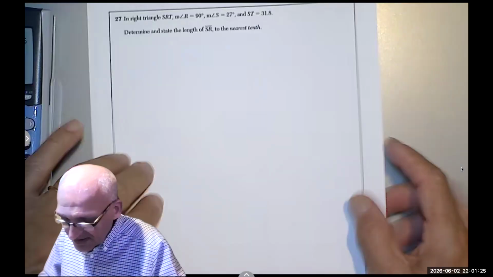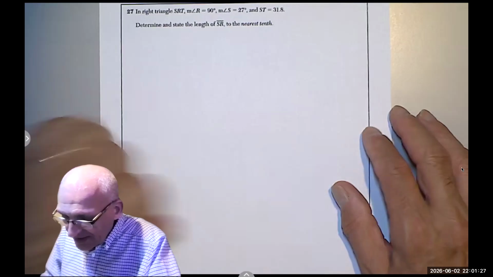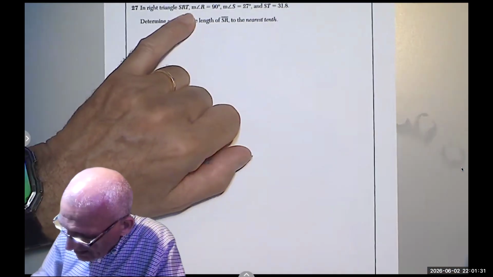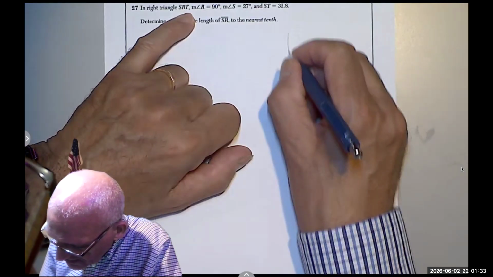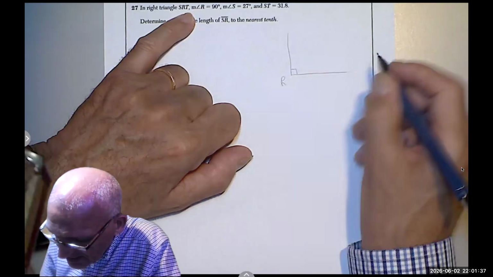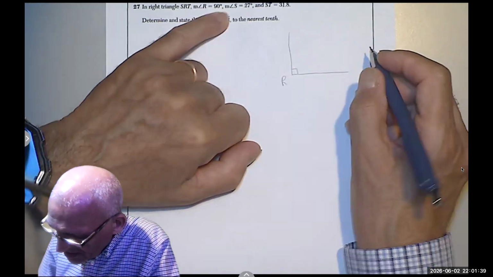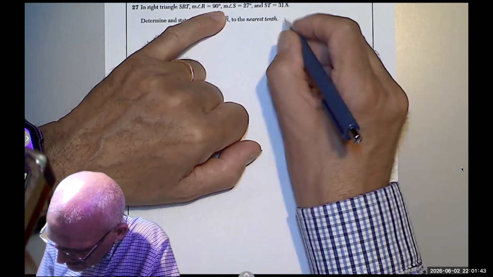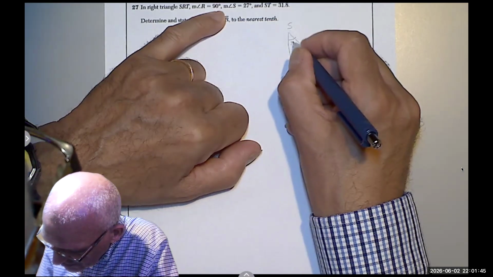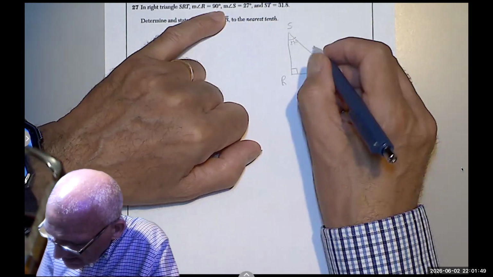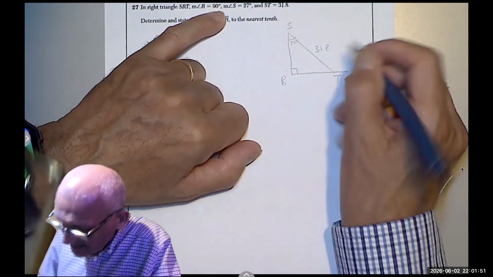The third one says, in right triangle SRT, the measure of angle R is 90 degrees. So this is angle R, and this is 90 degrees. The measure of S is 27 degrees, and ST is 31.8.